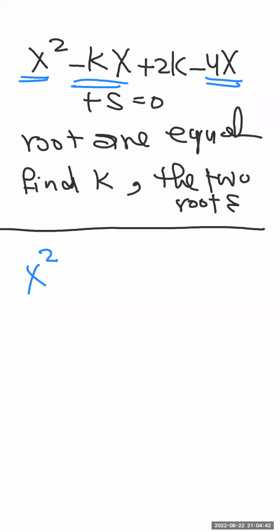There will be a common factor for x, so this means minus k plus 4 times x. Clear, guys?